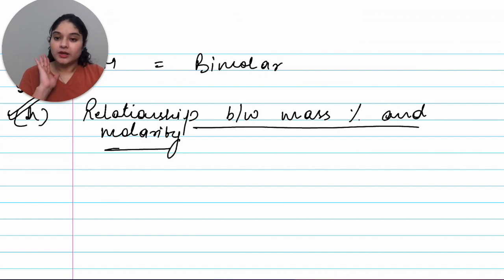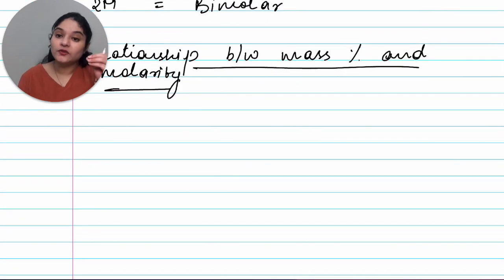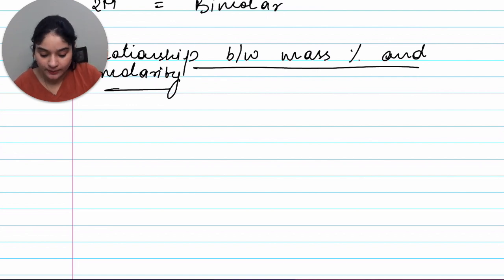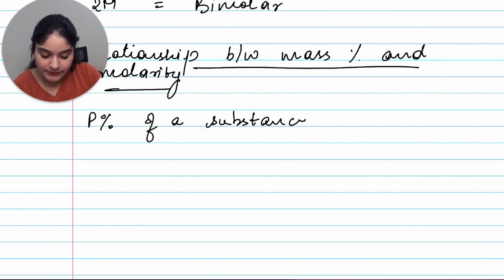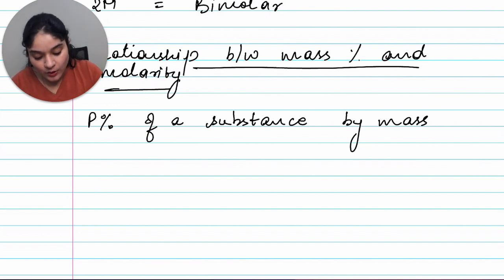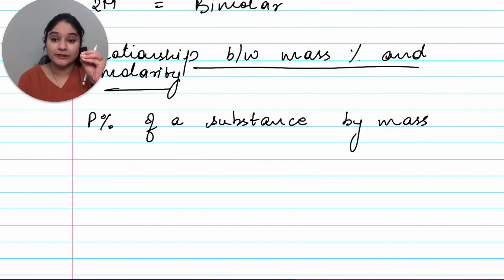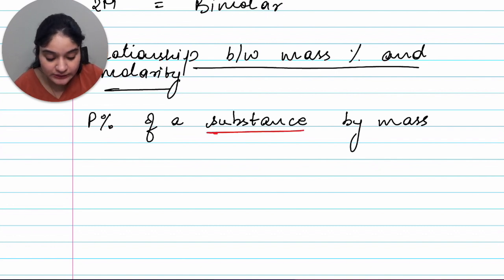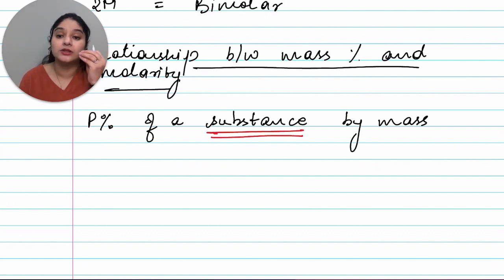Now let's get started. If I give you P% of a substance by mass, what do I mean? When I say this, what do I mean by this statement? Whenever you have anything written as P% of a substance, students, this substance is solute.